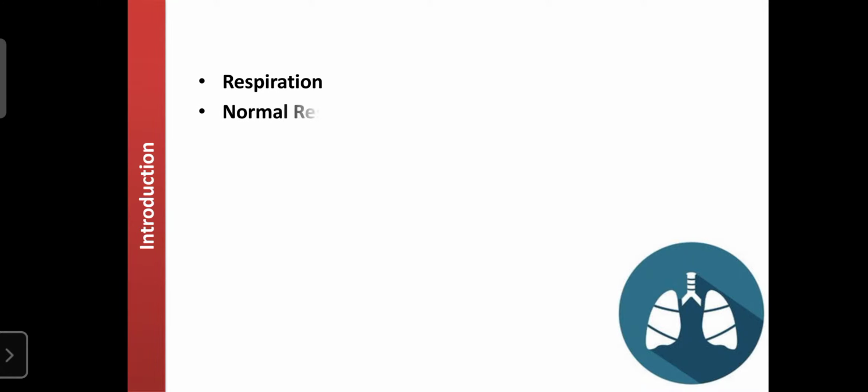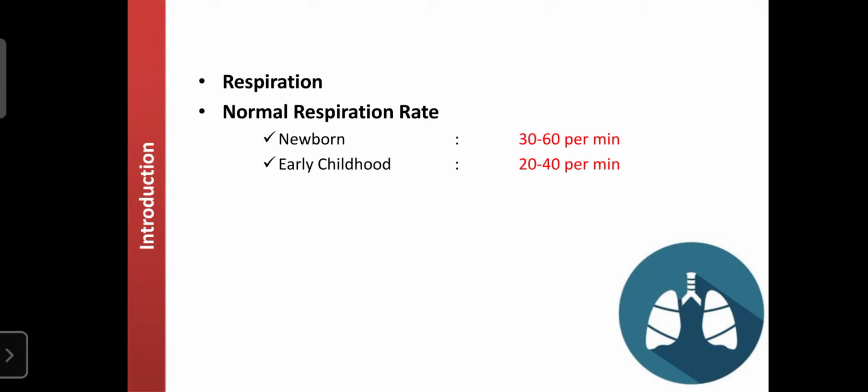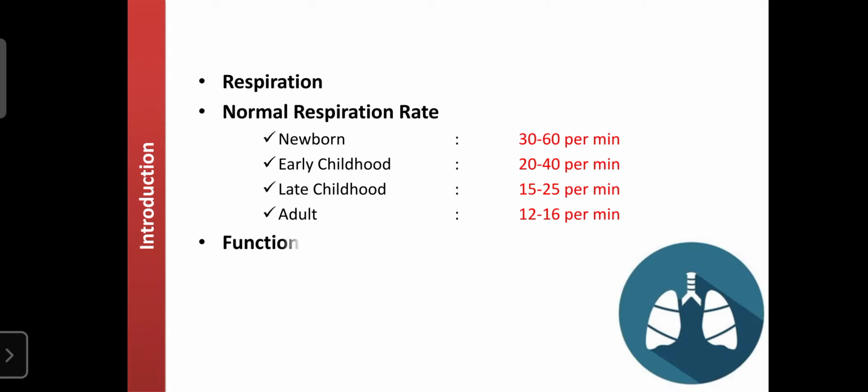Regarding the normal respiration rate, a newborn baby has 30 to 60 per minute. Early childhood is 20 to 40 per minute, late childhood 15 to 18 per minute, and an adult has 12 to 16 per minute. These are the normal respiration rates.